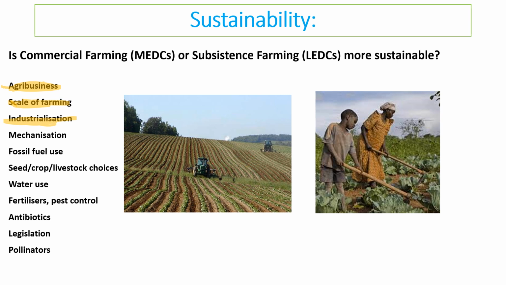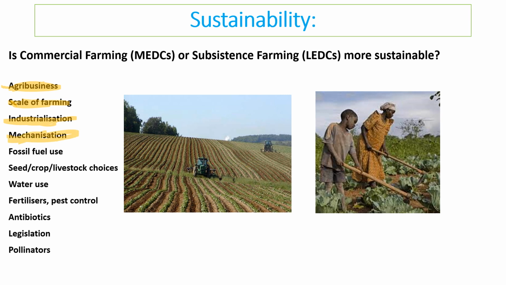Industrialization: people often work in large-scale commercial farms, so it's much more industrialised, much more efficient, using much more machinery. This is much more limited in subsistence farming.